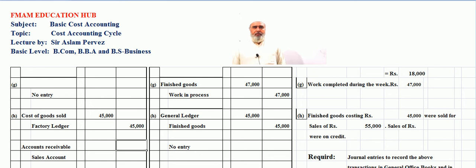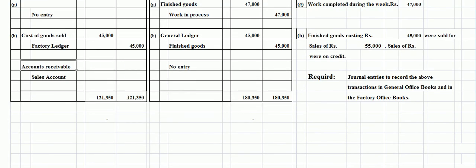Now in the books of head office, the sale is 55,000 rupees. The sales are on a credit basis. For this purpose, we have to open an accounts receivable in the books of head office, 55,000 rupees here, in the account of accounts receivable.